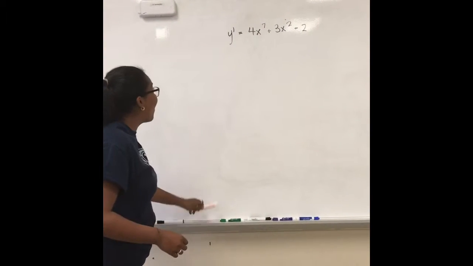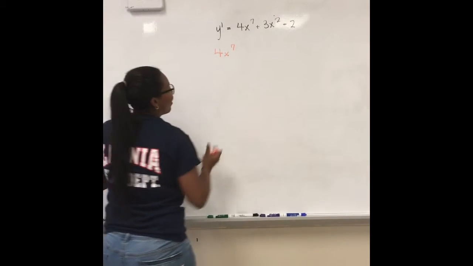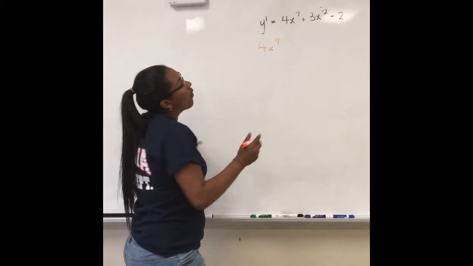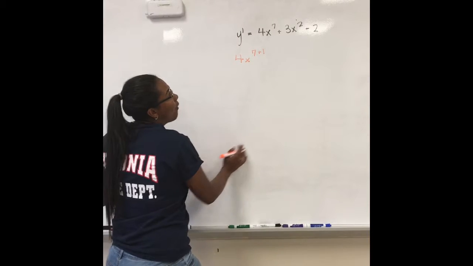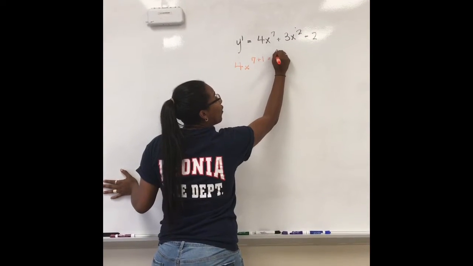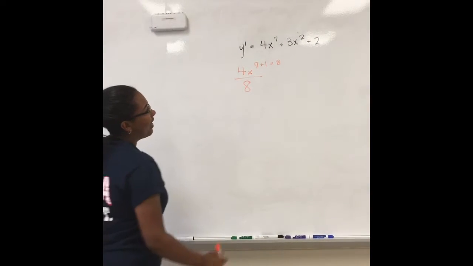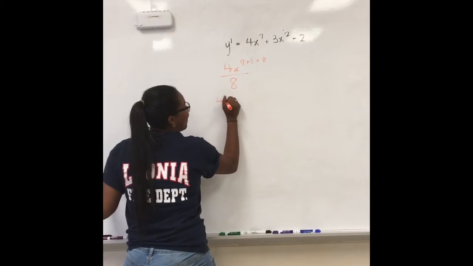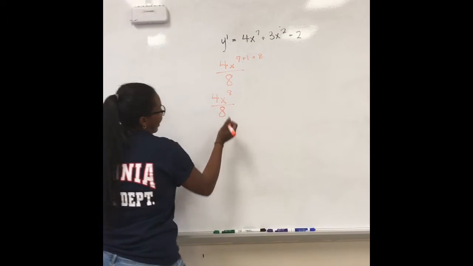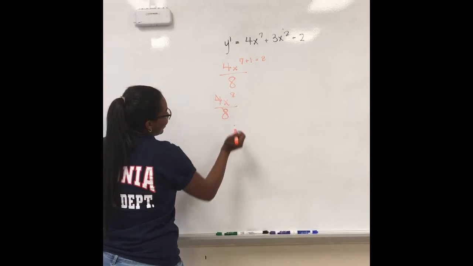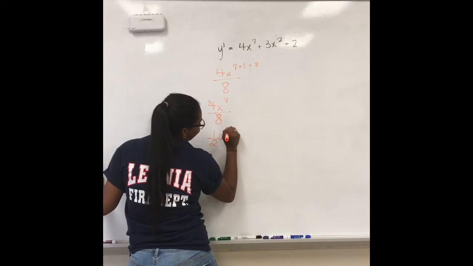So for 4x to the 7th power, in this instance, we're going to add 1 to our exponent, and whatever that is, which is 8, we will divide underneath, which comes to 4x to the 8th divided by 8, and it simplifies to 1/2 x to the 8th.